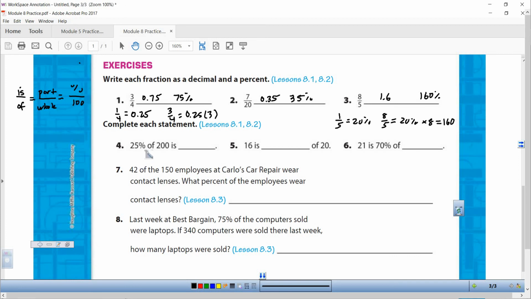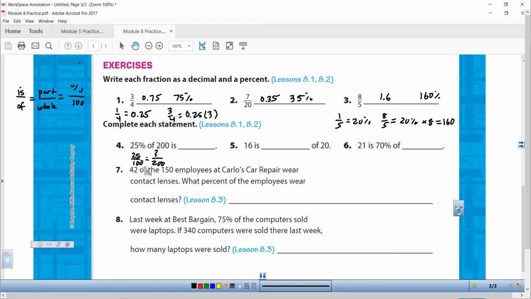So when we see 25% of 200 is, we can say 25 over 100. See how that "of 200" would go on the bottom. And then this is what we don't know, so I'm going to put a question mark there.